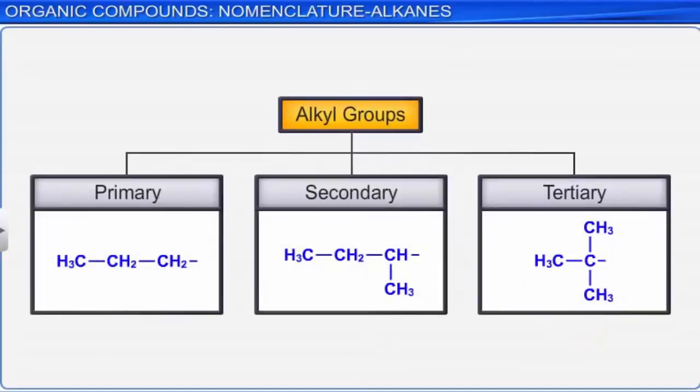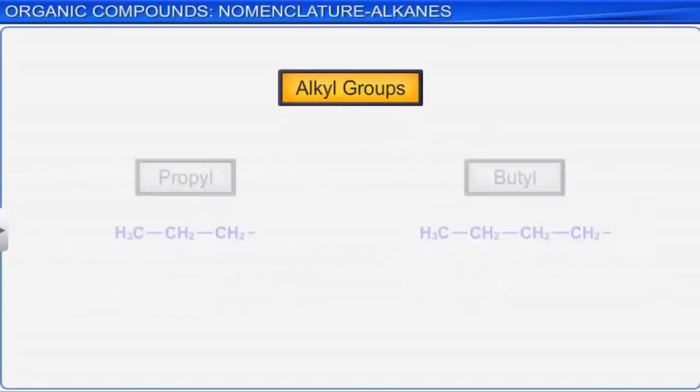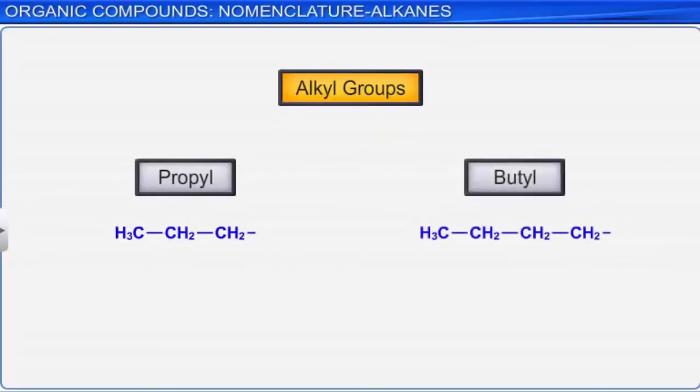Alkyl groups derived from the saturated hydrocarbons having minimum 3 or more carbon atoms can have the following possible branched structures. For example, propyl and butyl groups can have the following structures.